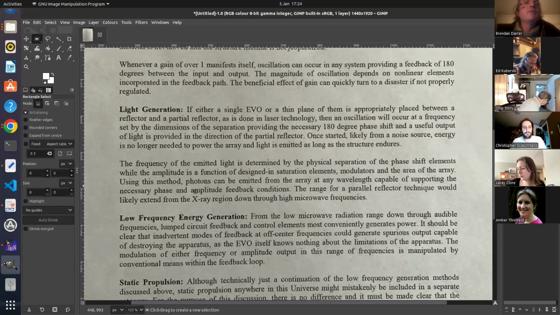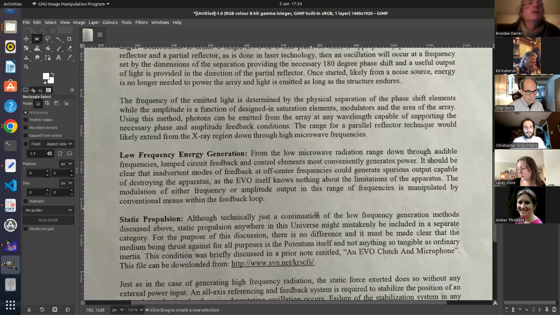Using this method, photons can be emitted from the array at any wavelength capable of supporting the necessary phase and amplitude feedback conditions. The range for a parallel reflector technique would likely extend from the X-ray region down through high microwave frequencies.